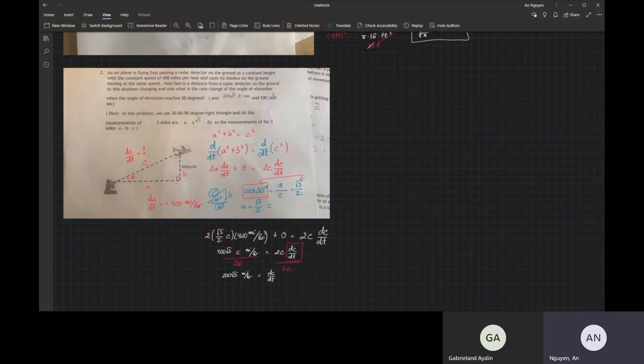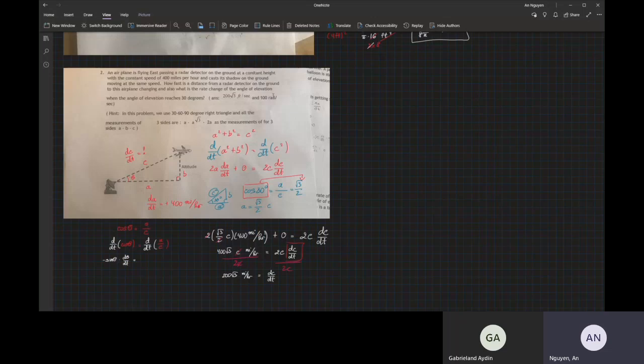Remember that we have cosine of theta equal to A over C. So I'm going to take the derivative over here. d dt of cosine of theta is equal to d dt of A over C. The derivative of cosine is negative sine of theta times d theta over dt, because this is the chain rule.